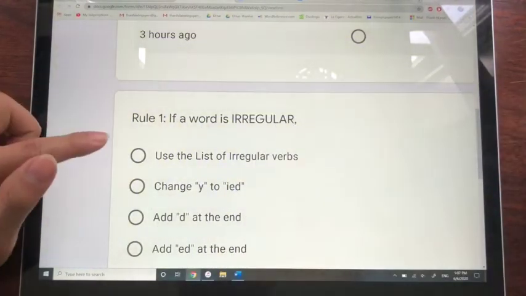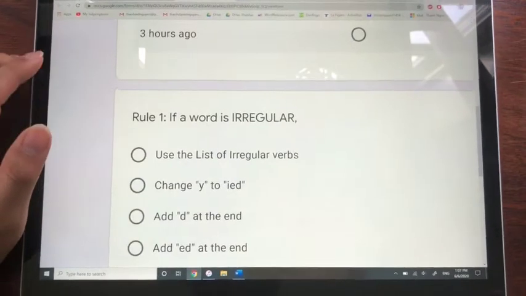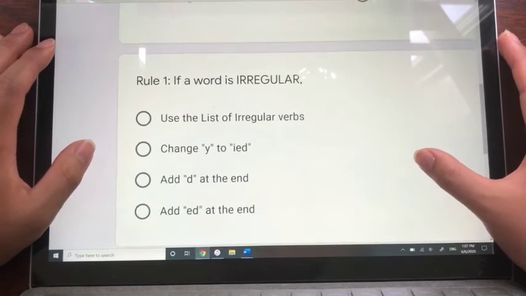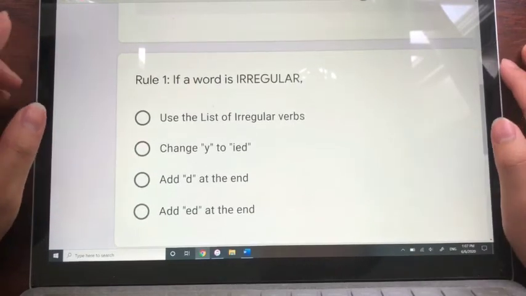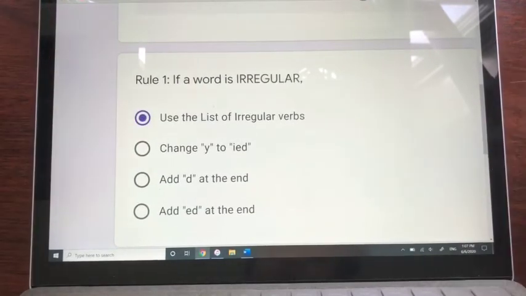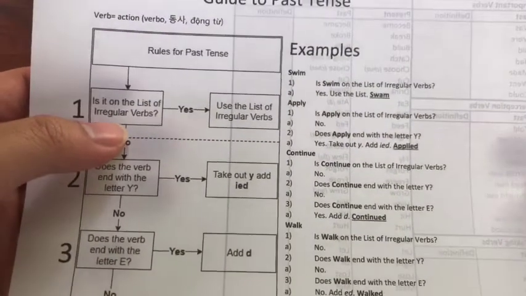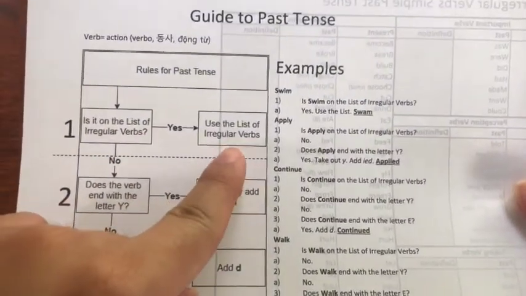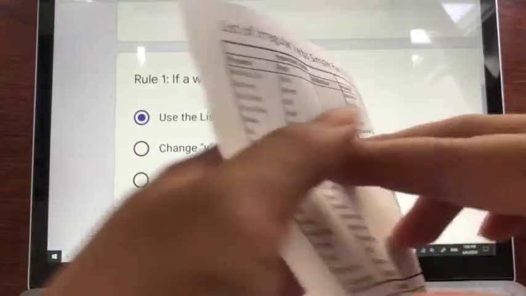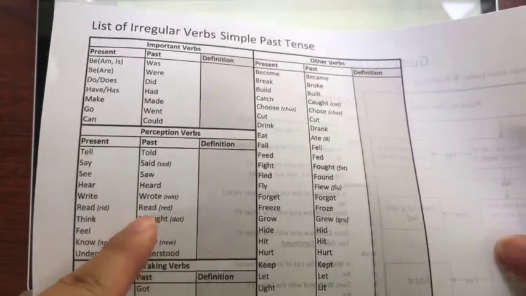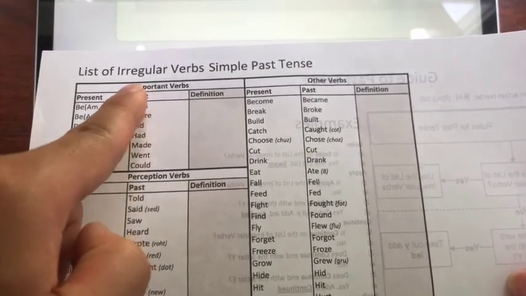Rule number 1: if the verb is irregular, what do we do? We use the list of irregular verbs. So if we want to know the word in the past tense, it's on this list for irregular verbs.